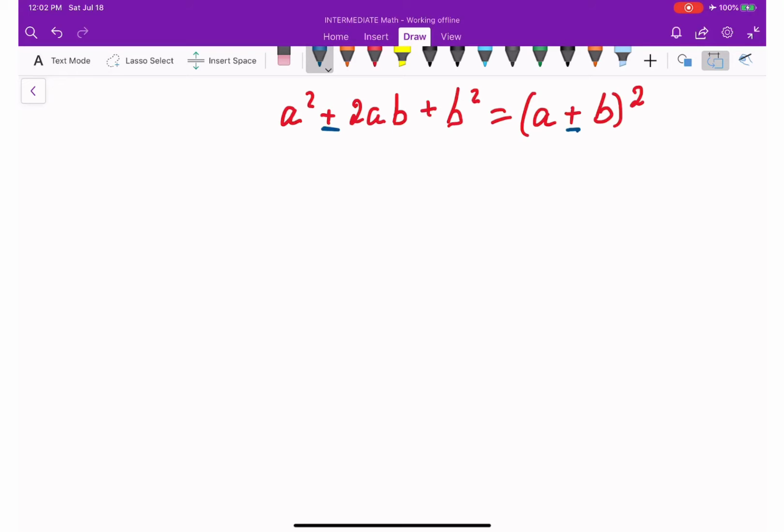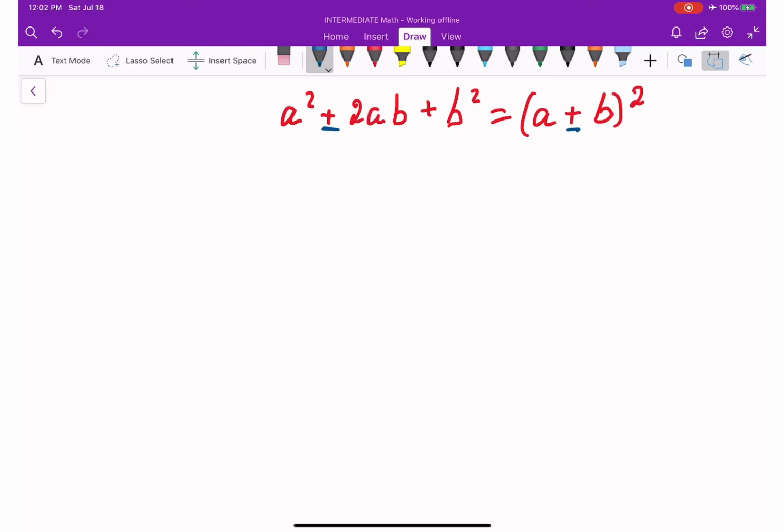Because a square never ever gives you a negative number. Therefore, a squared and b squared, no matter what, are going to stay positive. The only term that's going to change, positive or negative, is 2ab. Okay?